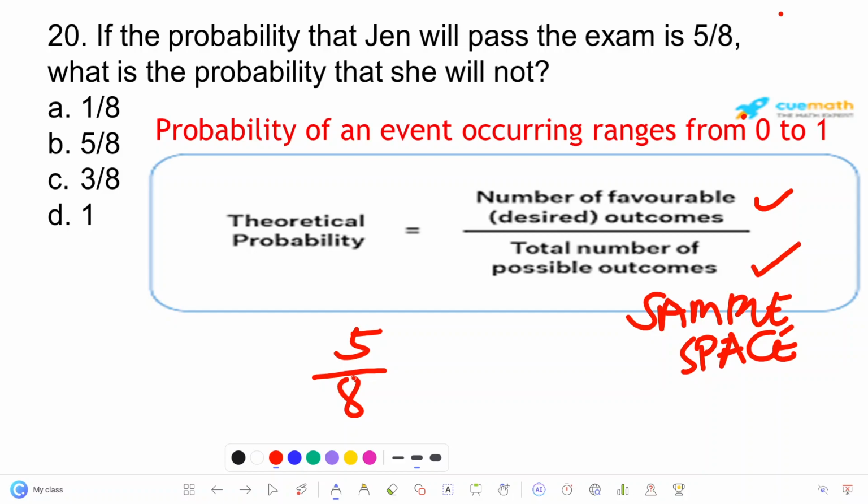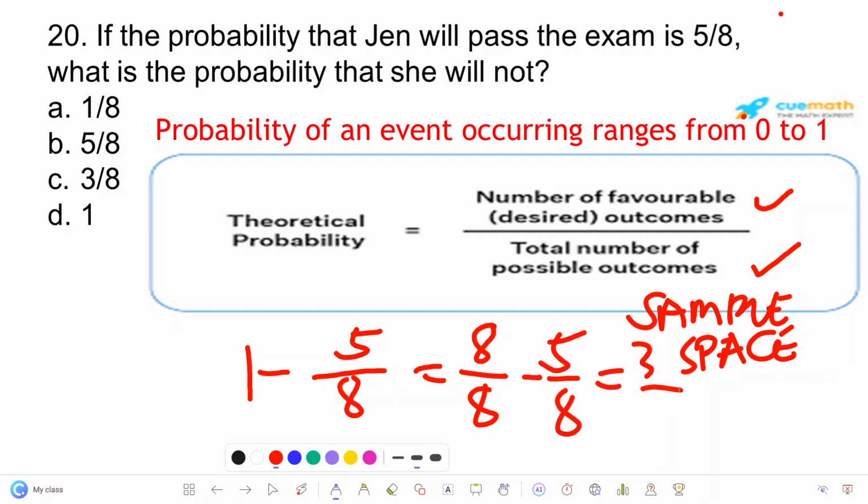So simply, we will just subtract 5/8 from 1 to get the probability or the complement of Jen passing the exam. Okay? So, 1 minus 5/8, this is simply equal to, sige, ipapakita natin 8 over 8 minus 5/8. So, this will be equal to 3/8. Okay? So, ang tamang sagot ay letter C.